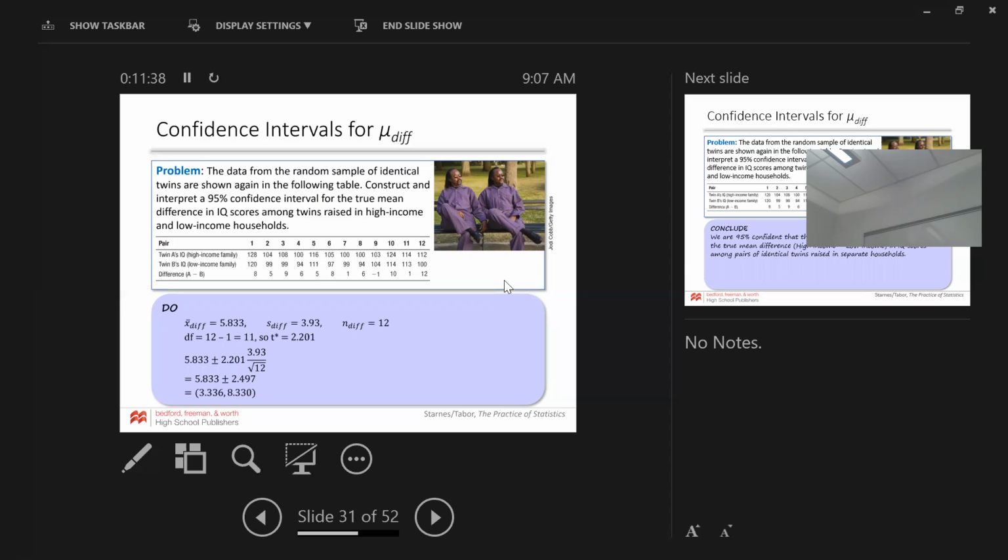This is your null. The difference of the two, which is A, the rich twins, B, the low-income twins, is 0. Do we reject or fail to reject the null from that screen?